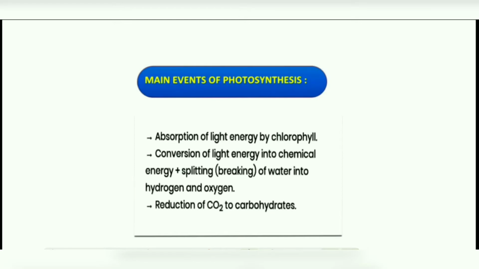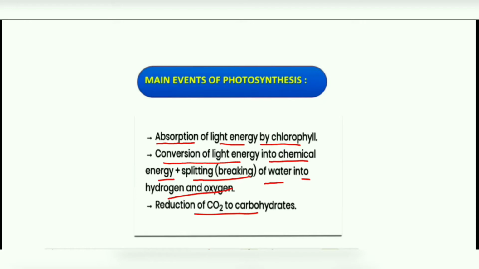First event is absorption of light by chlorophylls. This chlorophyll is present inside the chloroplast. Second event is conversion of light energy into chemical energy with splitting or breaking of water into hydrogen and oxygen. And third one is reduction of carbon dioxide to carbohydrate.